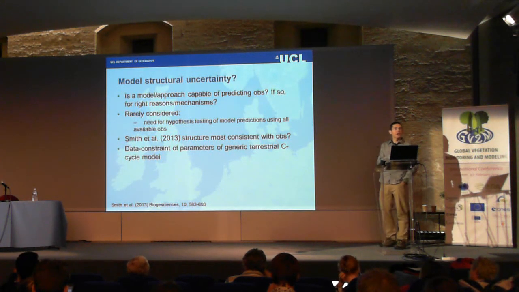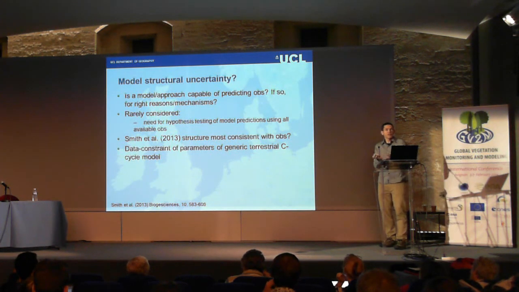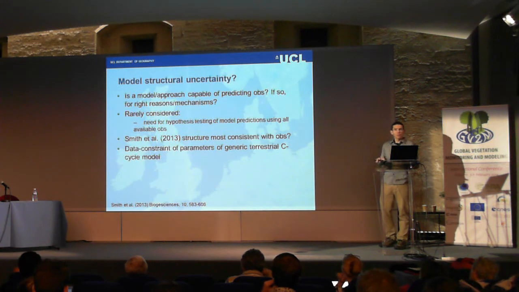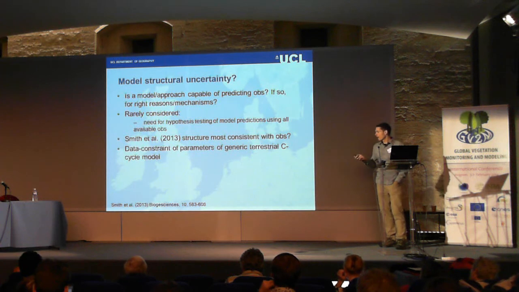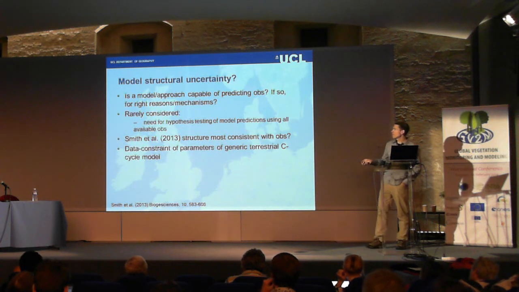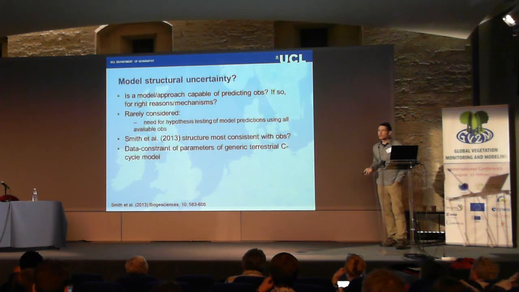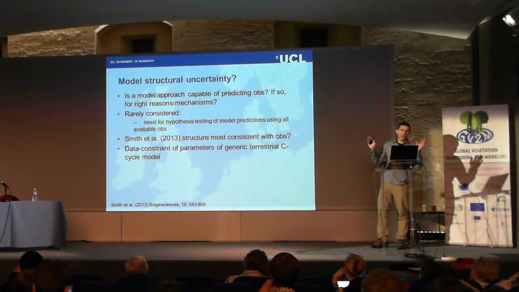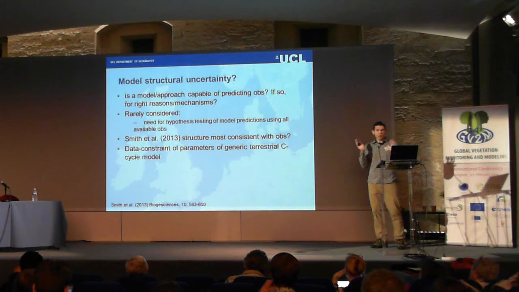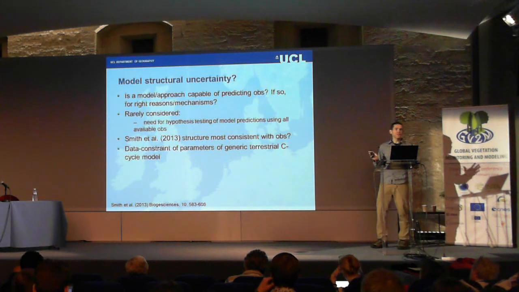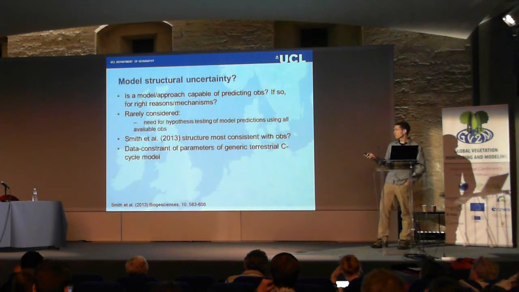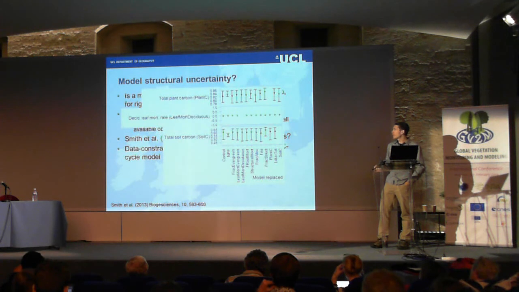And it was very interesting to see Lena's talk, where she was addressing that issue of whether this model is capable of dealing with certain types of behaviour. There's an interesting paper by Smith et al. looking at the structure most consistent with observations, where they're saying, hey look, we're model agnostic here, which bits of this model are doing well, which bits are not, for various different models.